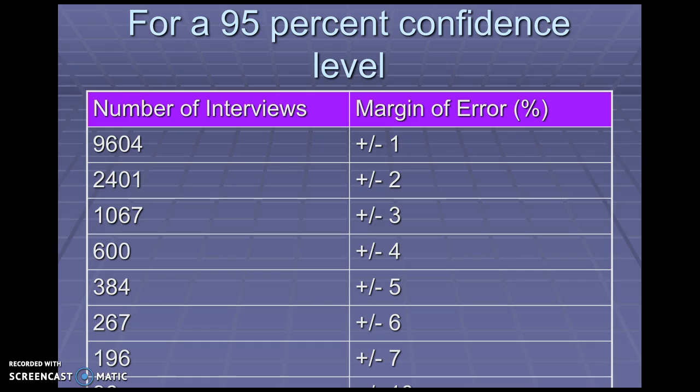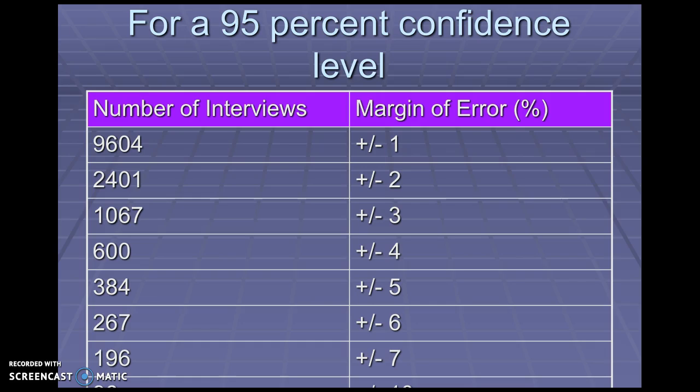If we want to get to a margin of error of plus or minus 4%, we go to about 600, and plus or minus 5%, 384. Usually you can see that people want to get to about plus or minus 4% because you'd almost have to double your sample size to get to plus or minus 3%, and that is usually quite costly. So usually polling, it's done in many different ways, but usually a sample size of about 600 gets you what you want, plus or minus 4%.